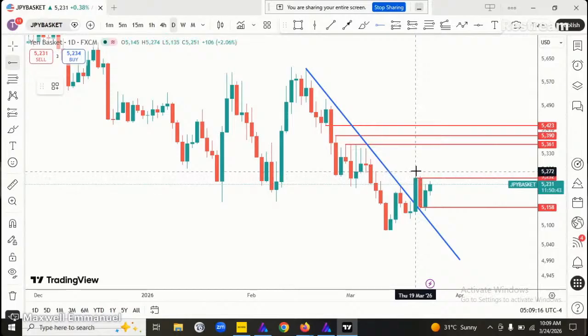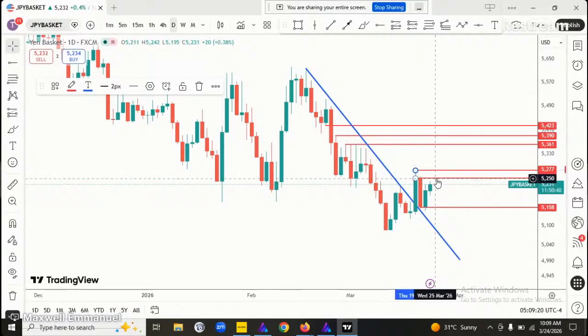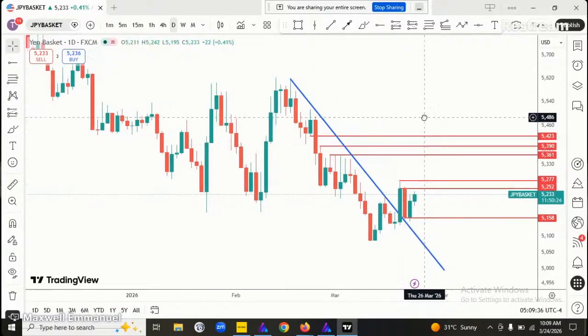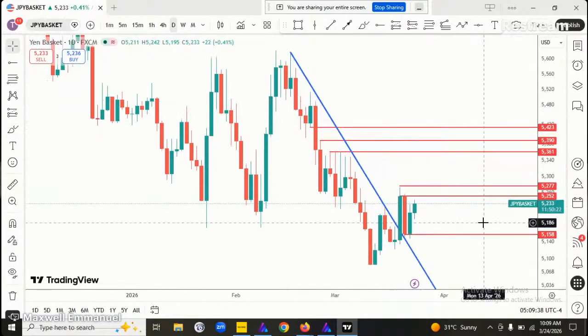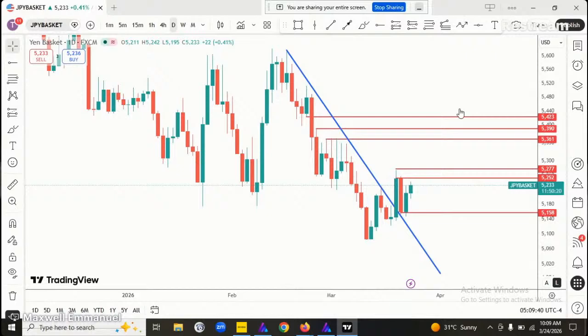If it successfully breaks out from this zone, then it's going for these liquidities. So that's my bias. Yen is bullish. Let's see dollar.